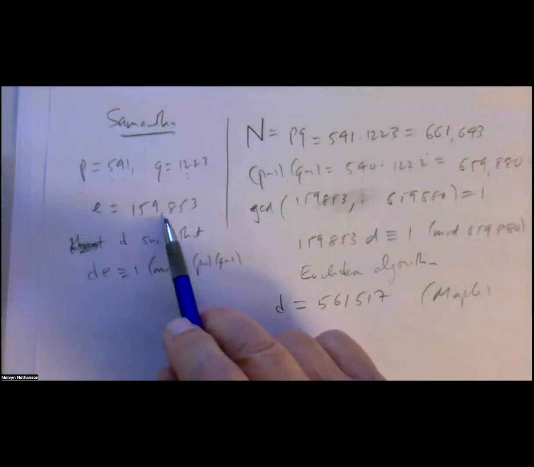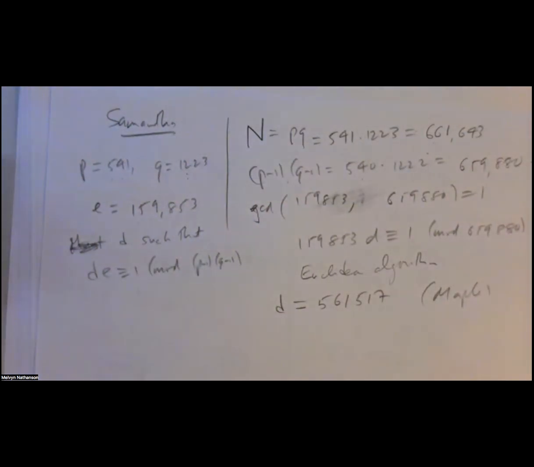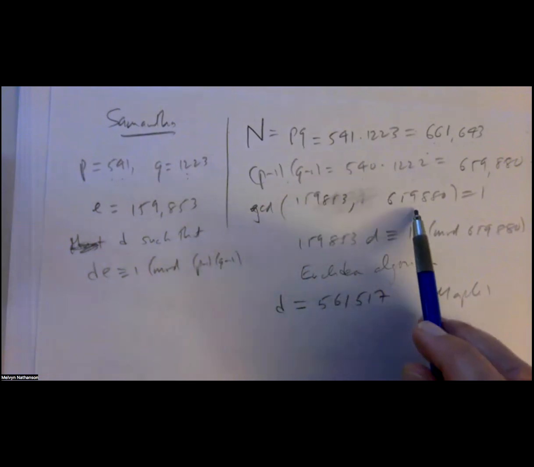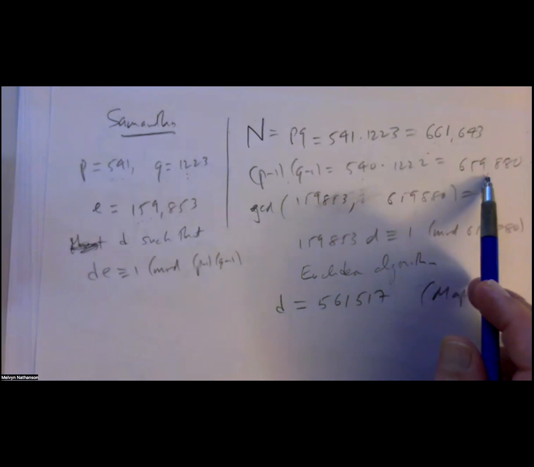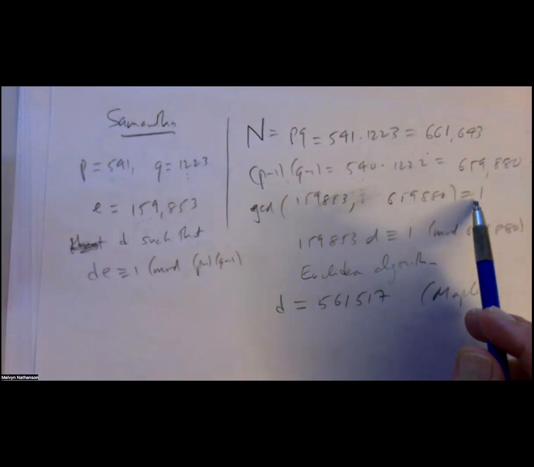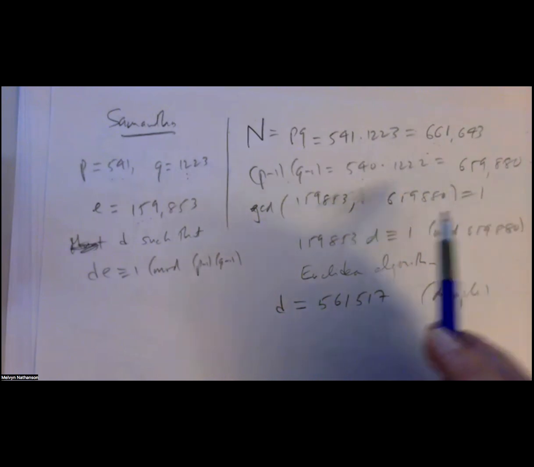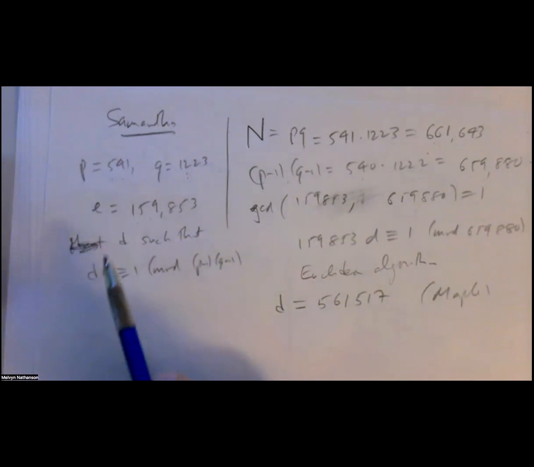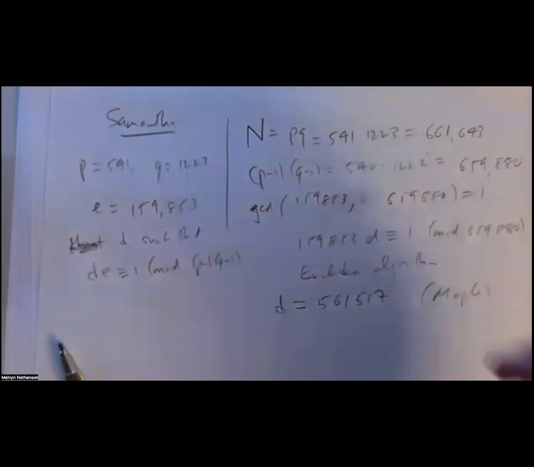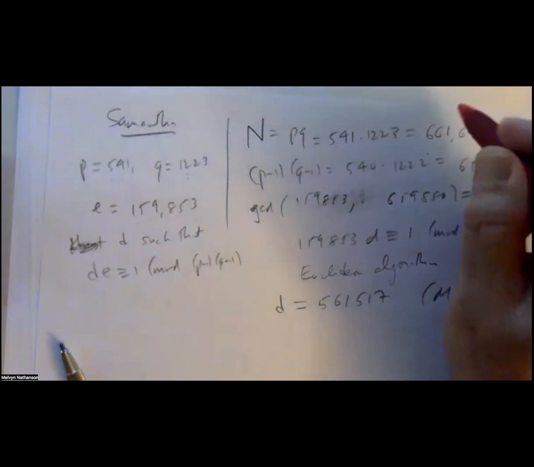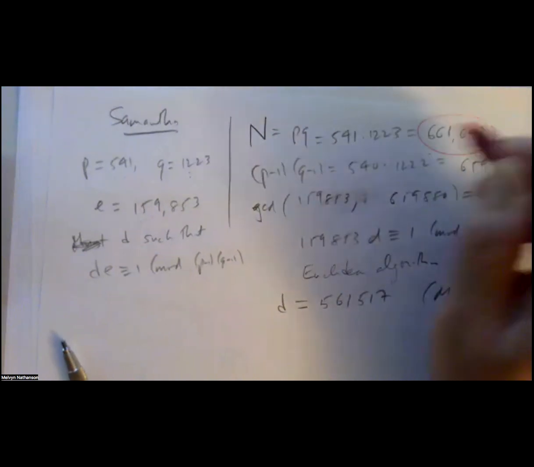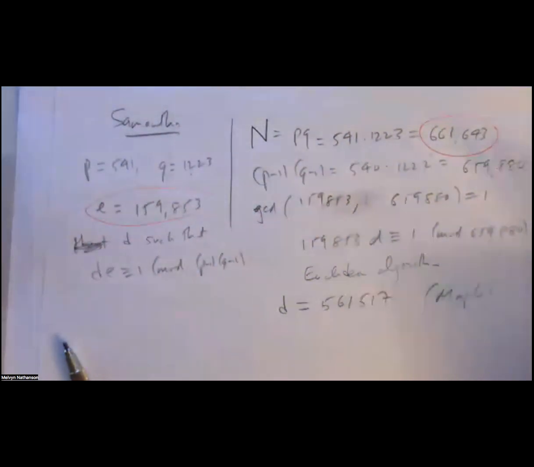She takes E to be 159,853. This has to be a number which is relatively prime to P minus 1 times Q minus 1, and I checked on my computer, and it is. So she makes this number E public. So the public information is N equals this, and E equals this.